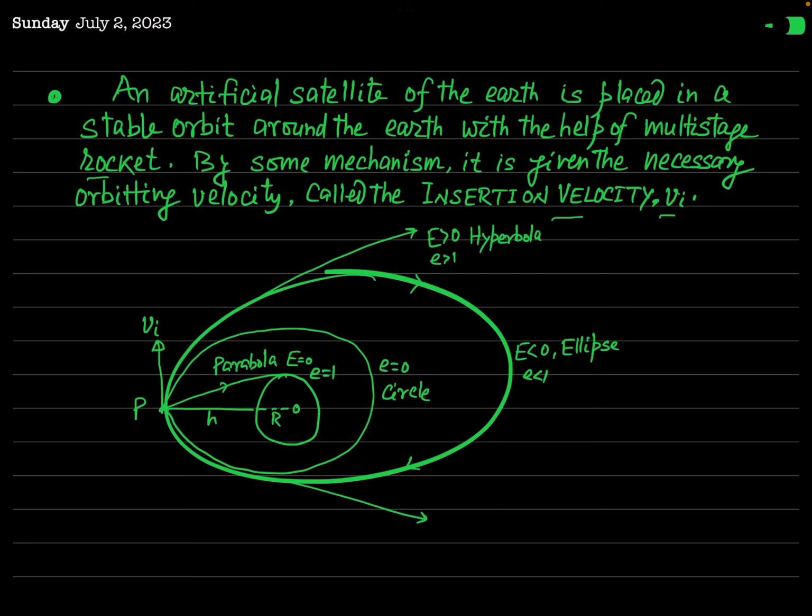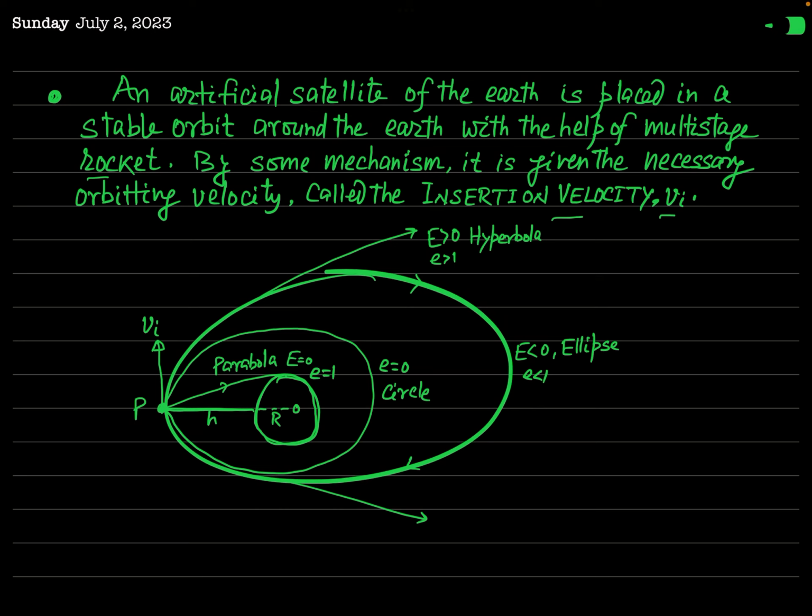You can see in this figure that this round body is the Earth. Its center is at O and its radius is R. At a height h from the surface of the Earth, there is a point P where the artificial satellite has been placed by the help of the multi-stage rocket.